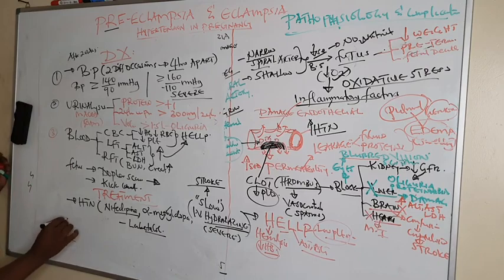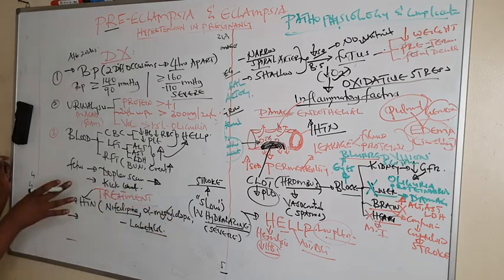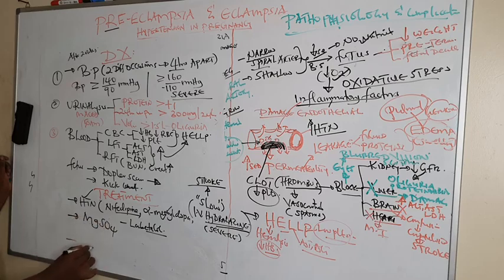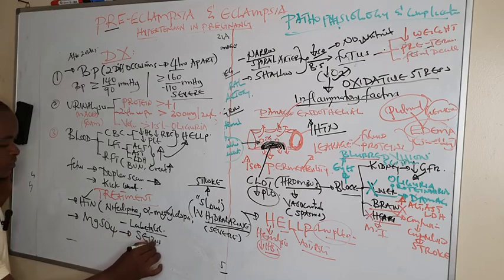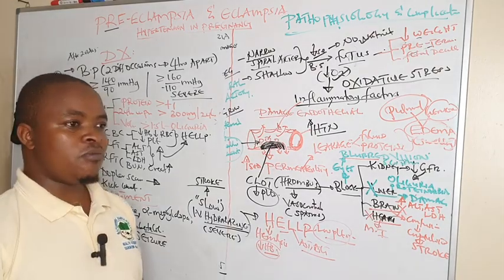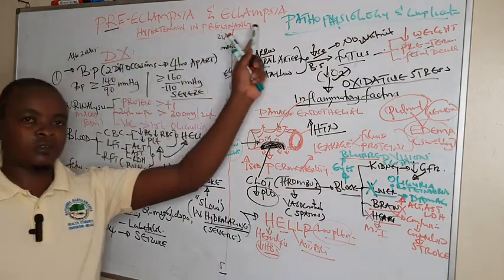Then if you have tested the patient and she has high blood pressure and you are stabilizing the blood pressure, we start giving these pregnant mothers magnesium sulfate. Magnesium sulfate is given to prevent seizures, or it is a prophylaxis being given to stop progression of preeclampsia.